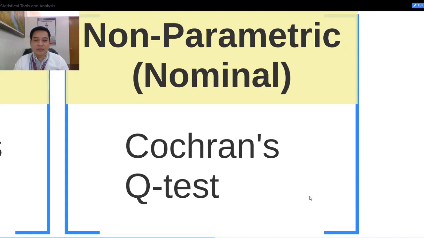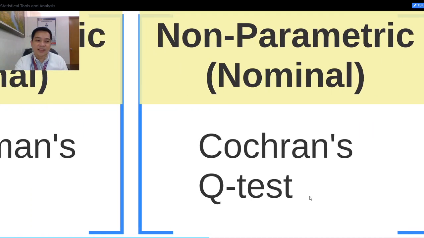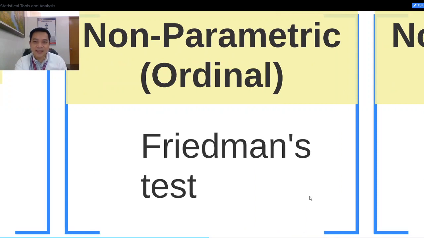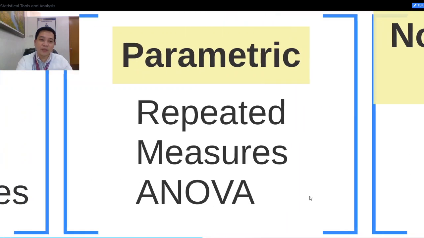So if you have one group, one test, and three or more times tested, and your data is nominal, you'll be using Cochran's test. But if your data is ordinal, you'll be using Friedman's test. And when your data are numerical or interval ratio, you'll be using repeated measures ANOVA.